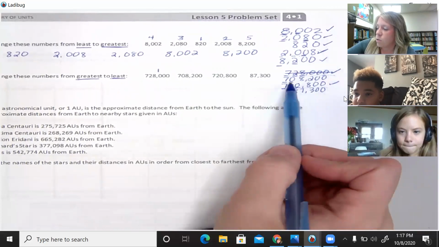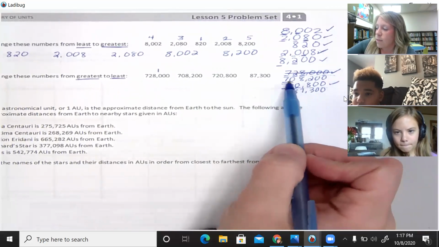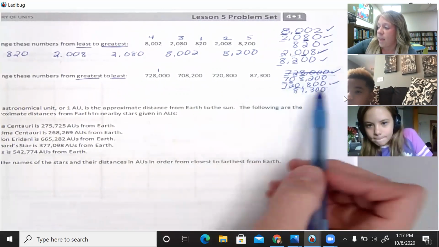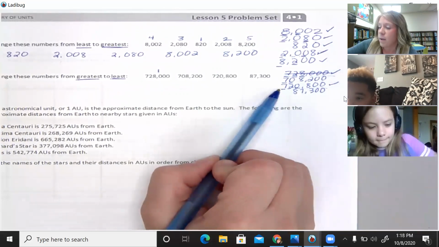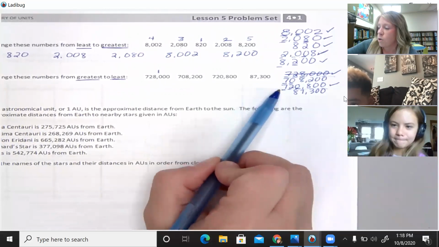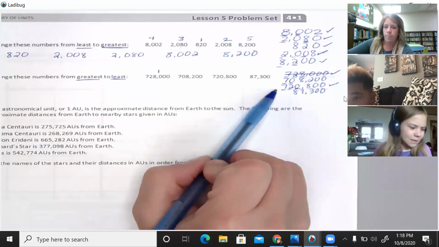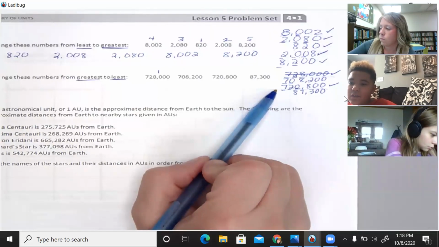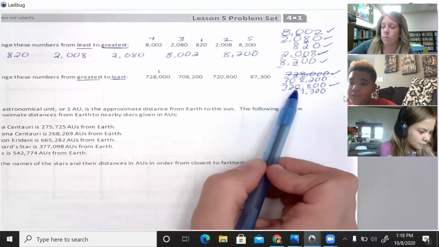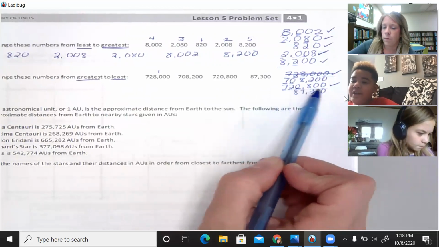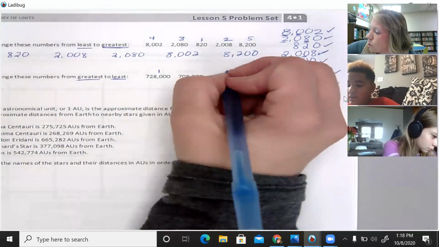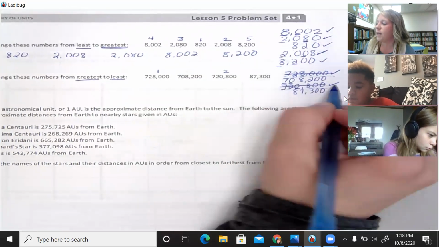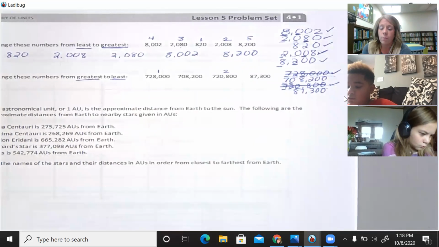So we've narrowed it down to these 2. You told me that the 2 is bigger than the 0. So that tells me that this number is bigger than this number. So can you read this number for us? 720,800. Very good. So I'm going to put a 2 by that number. You'll eliminate that one. Okay, Nina, do you know which number comes third?